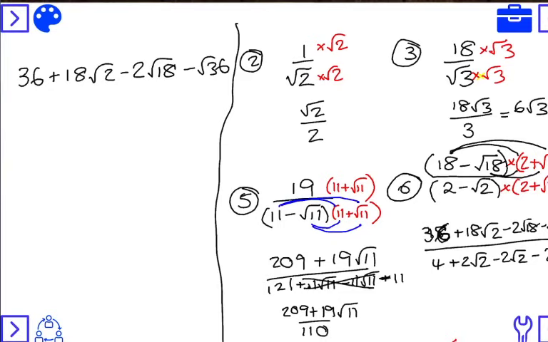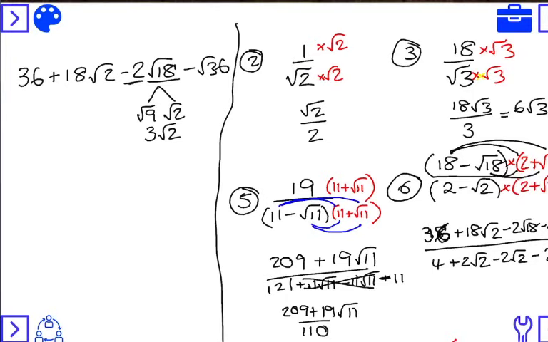Okay, so let's deal with a couple of things. Root 18, I can see that could be simplified. The highest square number that goes into 18 is 9. So I could write this as the square root of 9 and the square root of 2. So actually, the square root of 18 can also be written as 3 root 2.